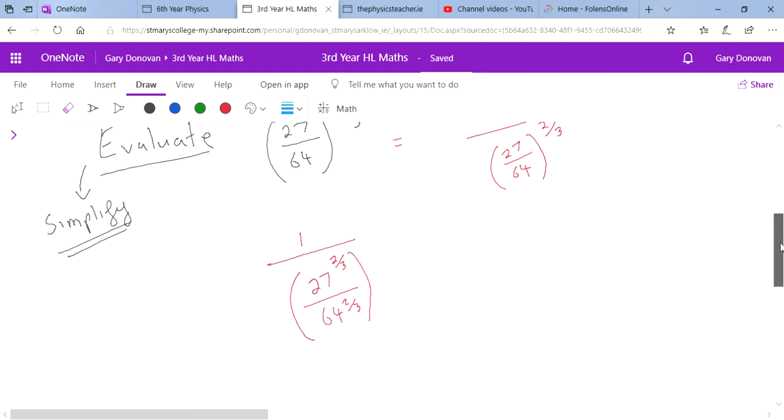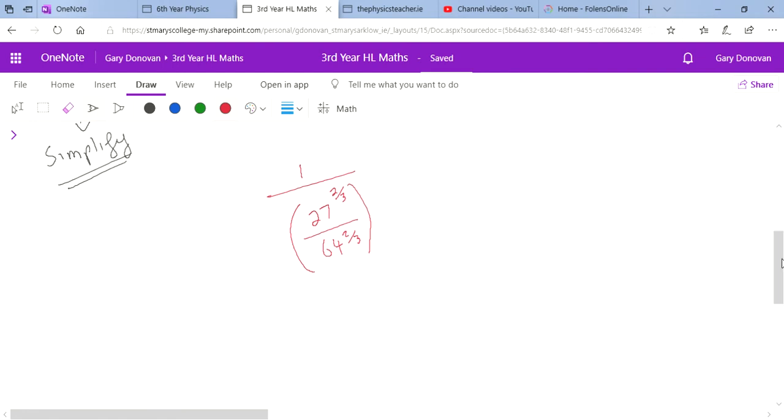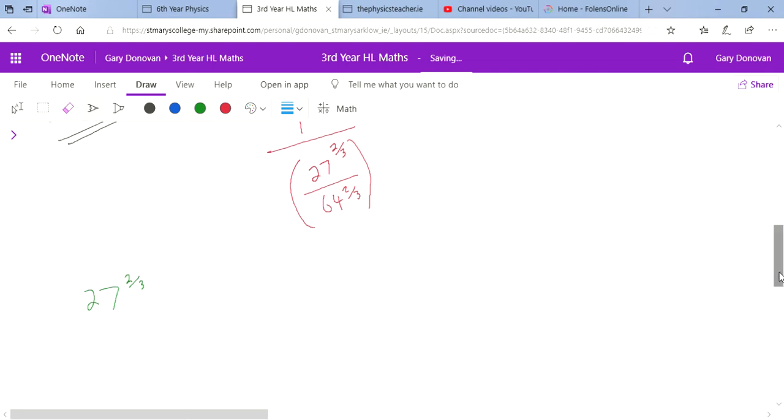We want to try and simplify this further. Now it can get messy, so what you can do is you can take parts of this out and simplify it at the side. So I'm going to take the 27 to the power of 2 over 3 and try and simplify it at the side instead. So that would be equal to the cubed root of 27 all squared. Go back to yesterday's video.